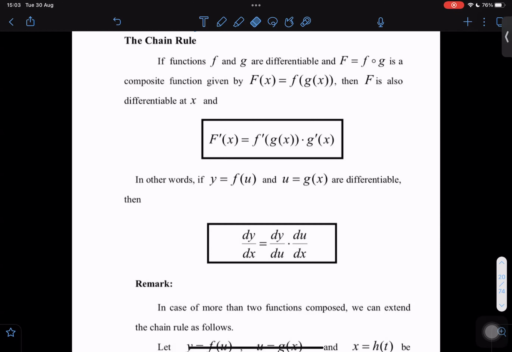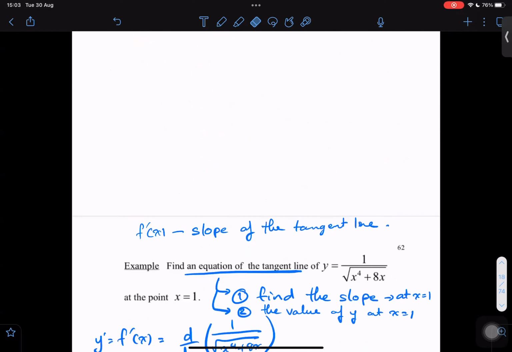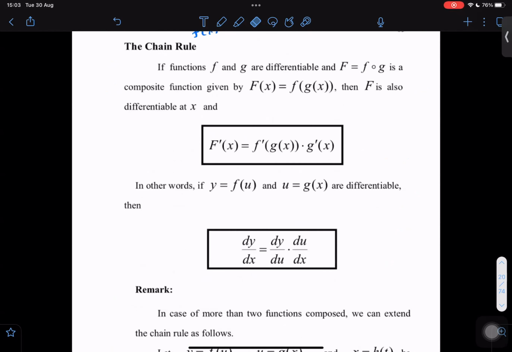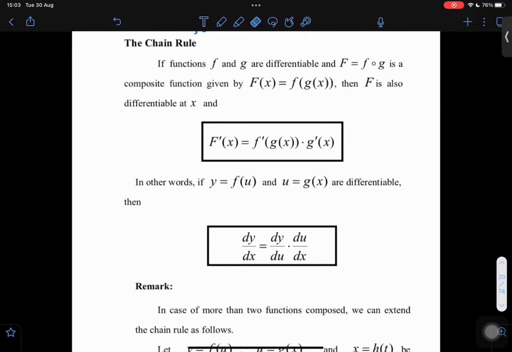So what is the meaning of the chain rule? You already use the chain rule when you are doing this kind of derivative already, but I'm going to define the chain rule for you.